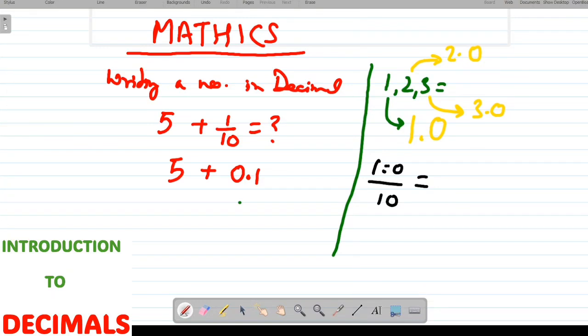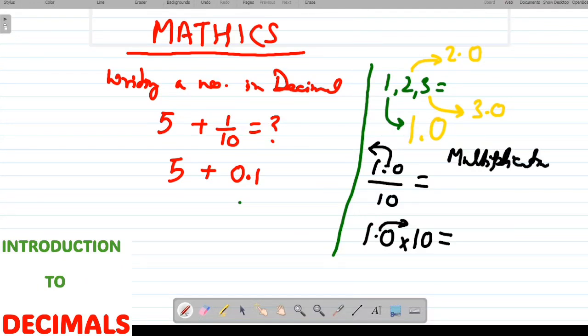When any number is divided by 10 or multiples of 10, then the decimal shifts towards the left position, right? And when a number is multiplied with any power of ten or multiples of 10, then the decimal shifts towards the right, right? This is the case of multiplication, and this is the case of, sorry, I'm writing in the reverse direction, don't worry. Initial was for division.